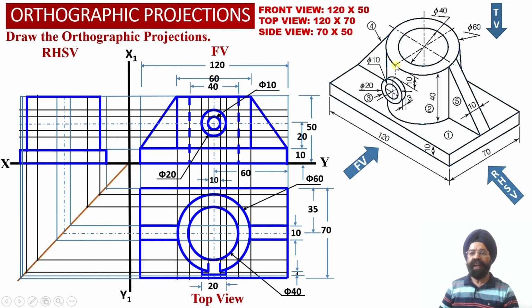Next we have element number 2, that is the hollow vertical cylinder, whose outer portion has a diameter equal to 60 millimeter. So an apparent shape rectangular projection corresponding to the external part of the cylinder will be visible to the observer.